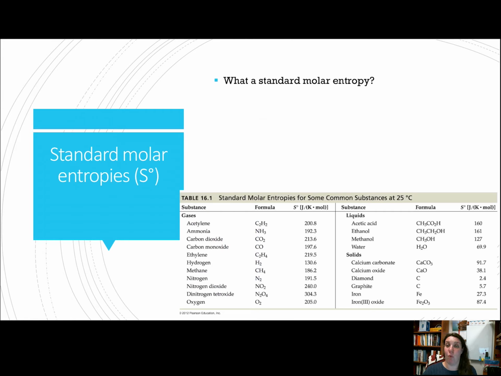Molar entropy is the entropy of 1 mole of a compound at standard conditions, so 1 atmosphere of pressure and 25 degrees Celsius.